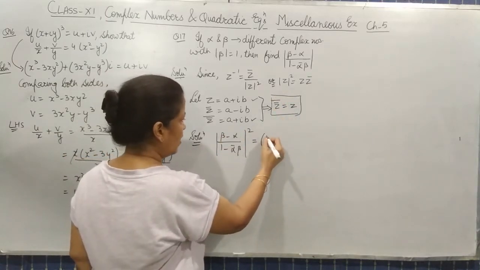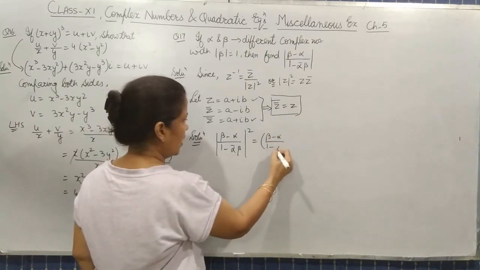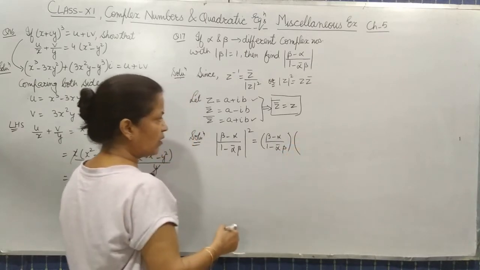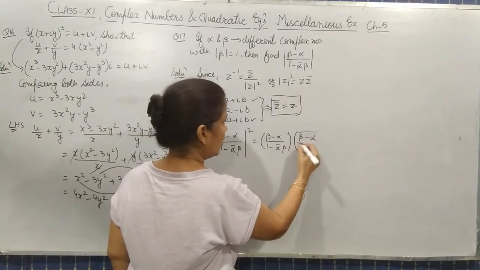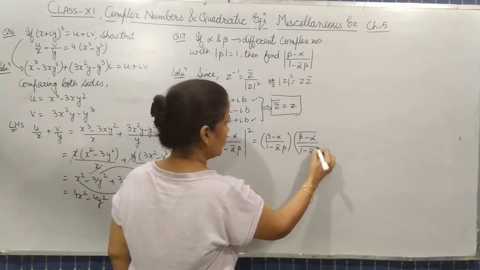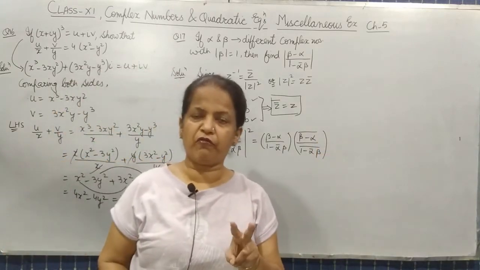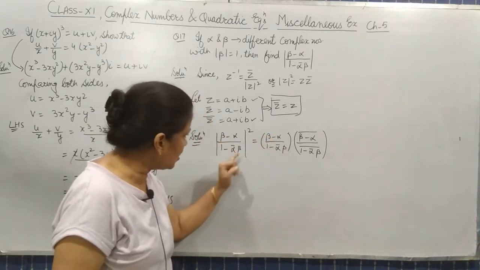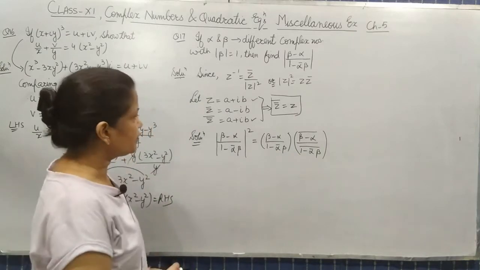So we will take beta minus alpha as z, and this is z into z bar. Z bar means the bar of this whole thing, and from here we will put the bar on the whole. If these are two different complex numbers, then this part or this part will also be a complex number. Okay.